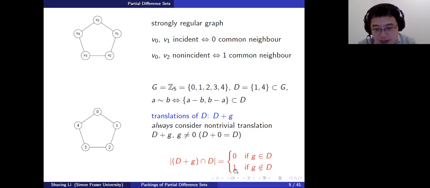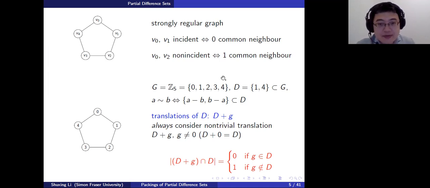And the choice of values depends only on whether the translation element g is in D or not. So I claim this two-valued phenomenon is the counterpart of the two-valued phenomenon of the common neighbors.